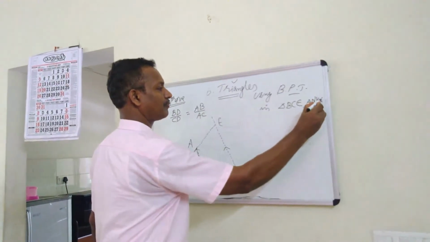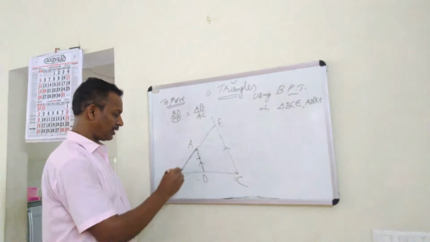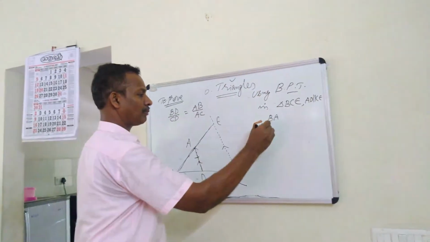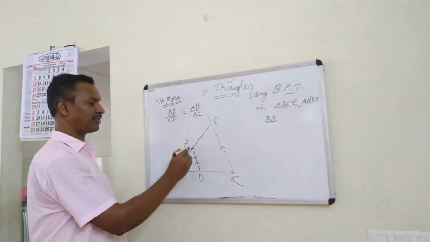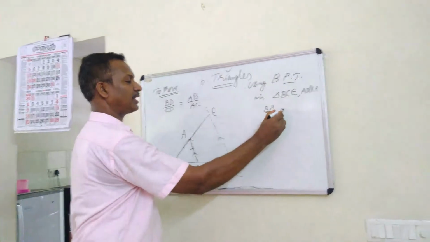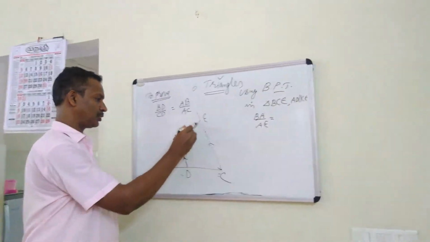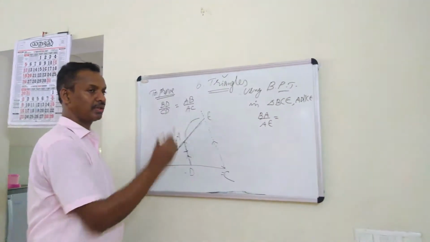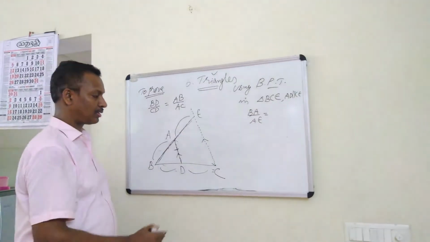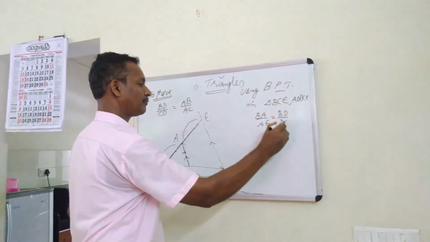Then we can write the ratio of the two segments of the first side, BA by AE, is equal to the ratio of the two segments of the other side, BD by BC.